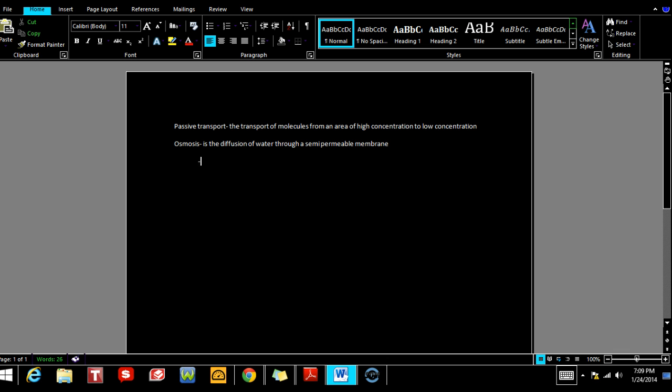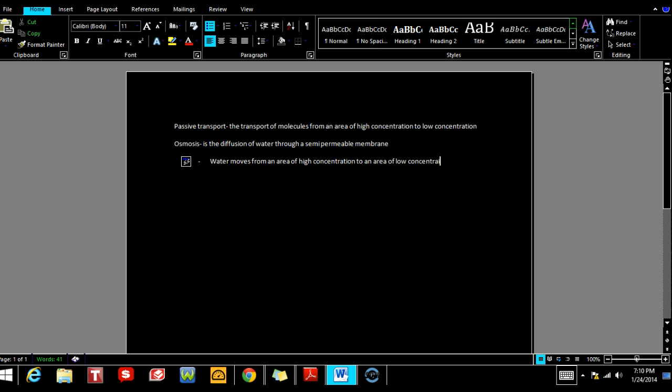And this is explained in two ways. You can say that water moves from an area of high concentration to an area of low concentration.